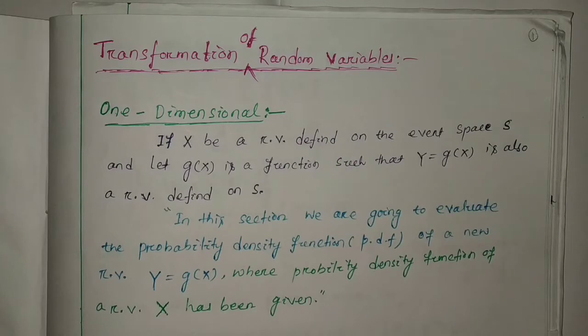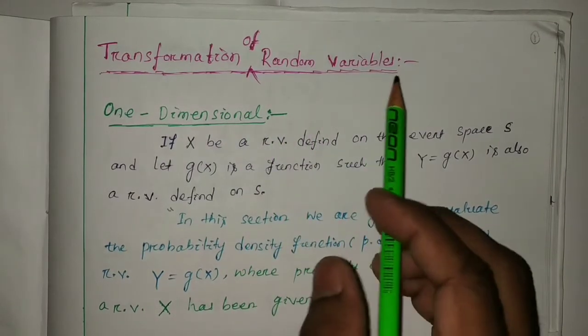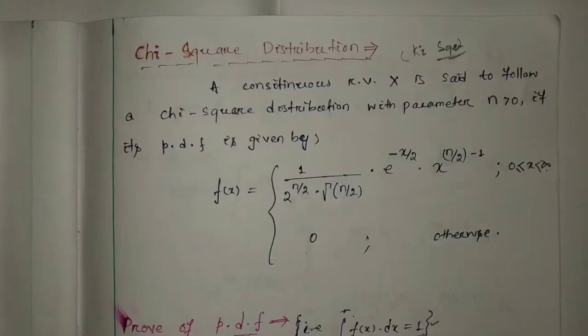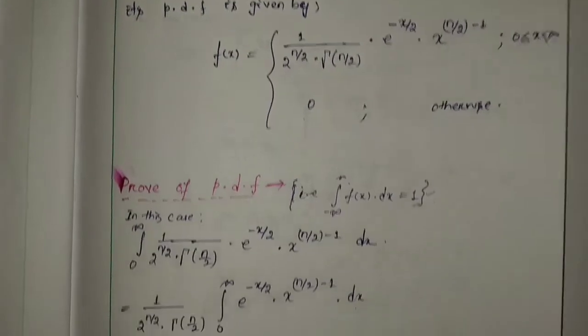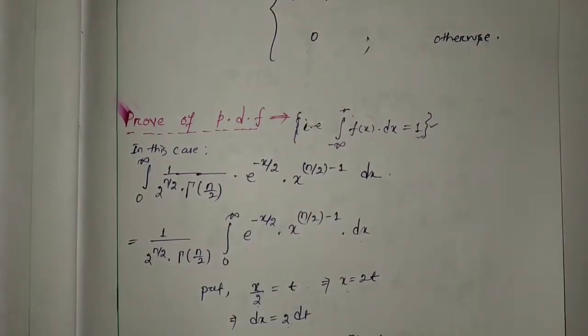In this class, we are going to discuss transformation of random variables. In our previous class, we discussed in detail the chi-square distribution. We proved the PDF of the chi-square distribution.